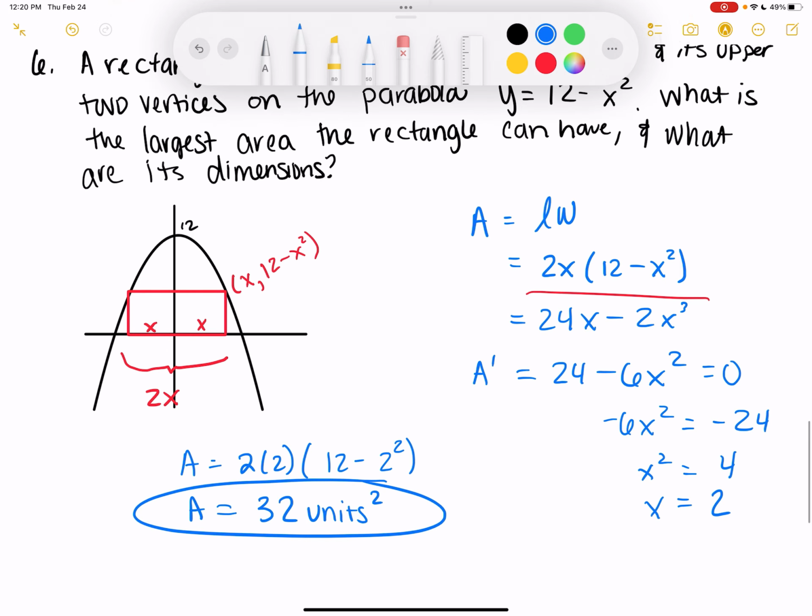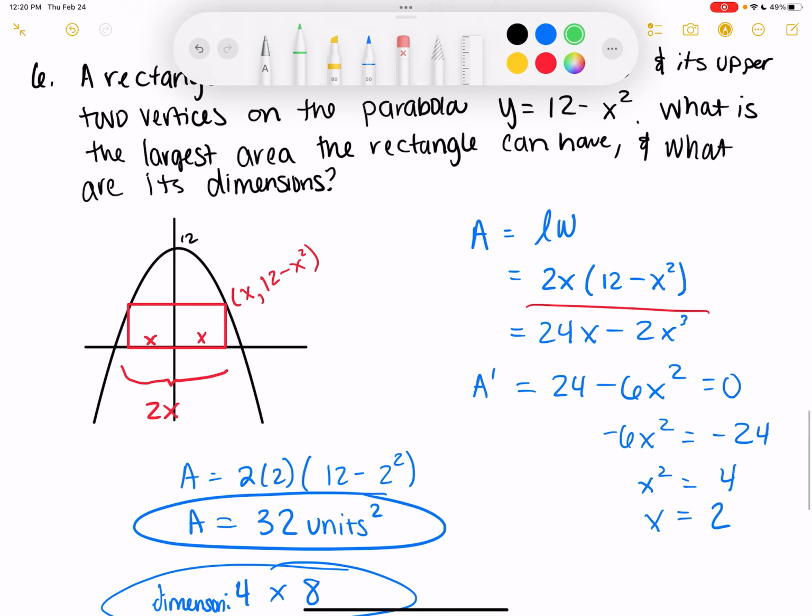Okay, it also wants the dimensions. The dimensions are just each individual piece. So 2x is going to be 4 by 12 minus 2 squared, which is 4, so that'd be 8. So the dimensions would be a 4 by 8. Oh, okay, because you plugged the x back in. Yep, so you just plug it back in, and then we treat this as 2 separate pieces.